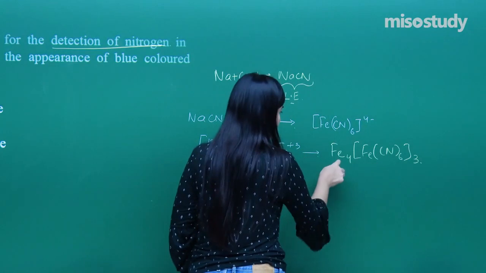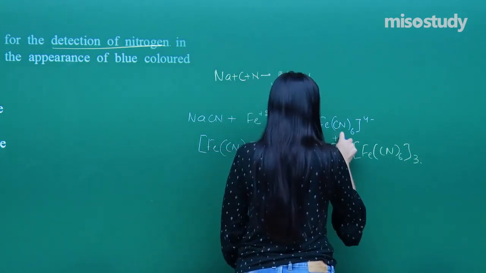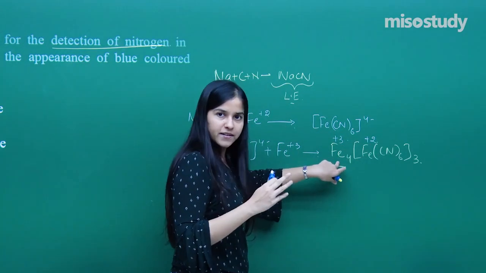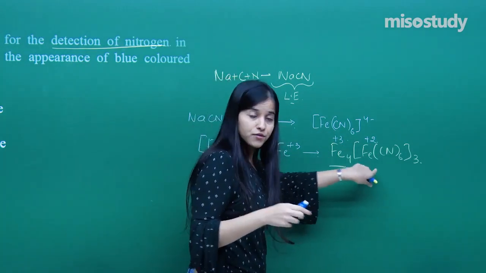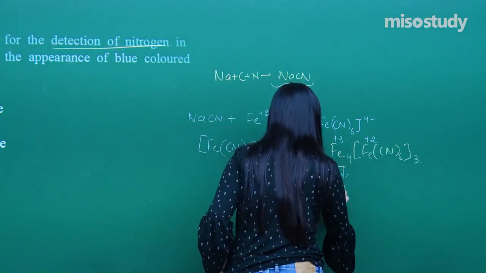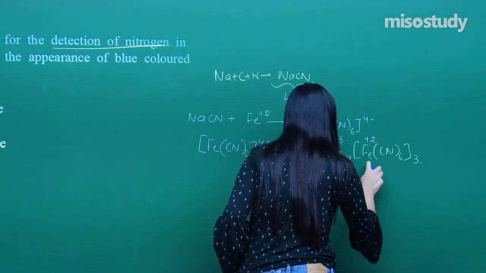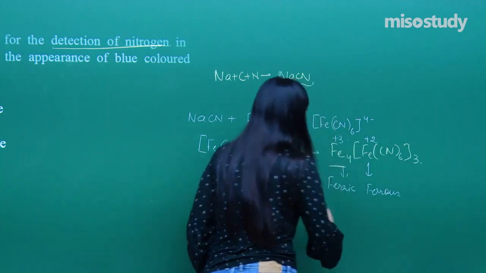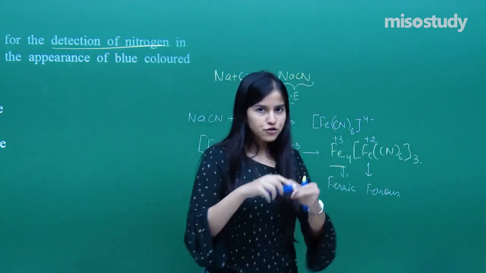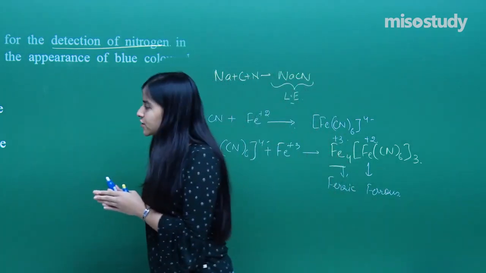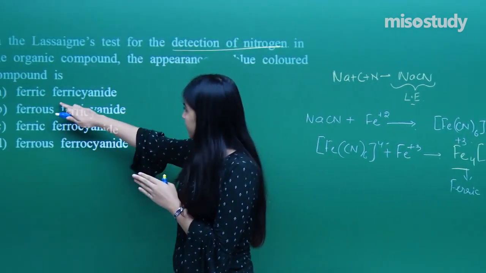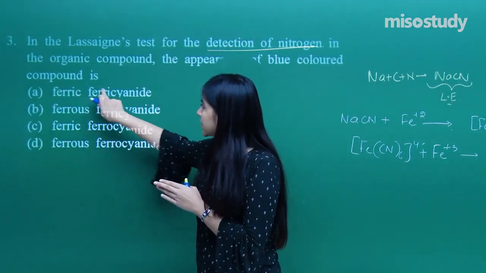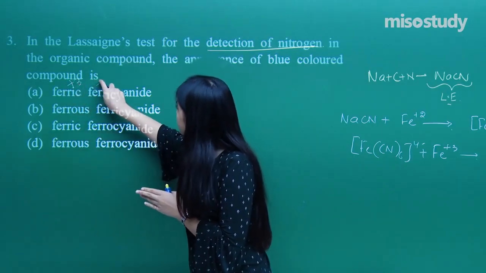If you look very carefully, this has the +3 state and the +2 state. So it will be ferric, and this is ferrous, or I can say ferro, a short form. Now if I compare the options, ferric ferricyanide, ferric and ferri means +3 and +3, which is not possible.